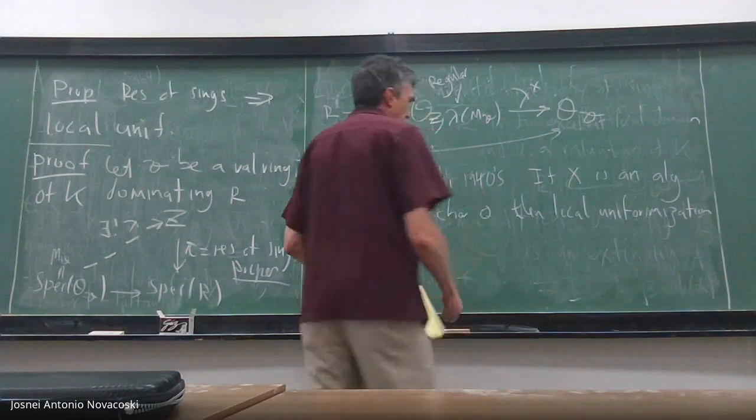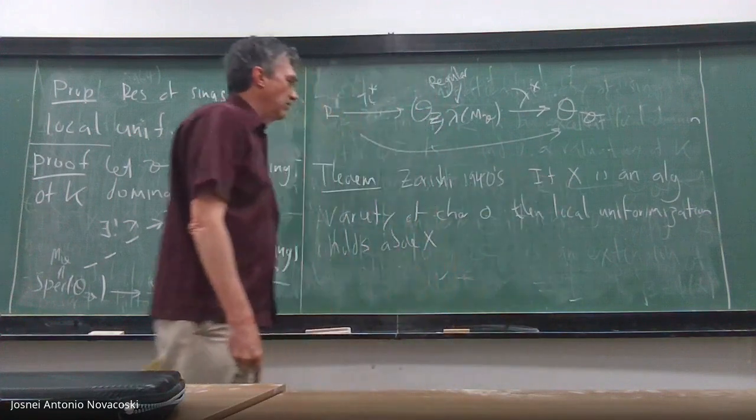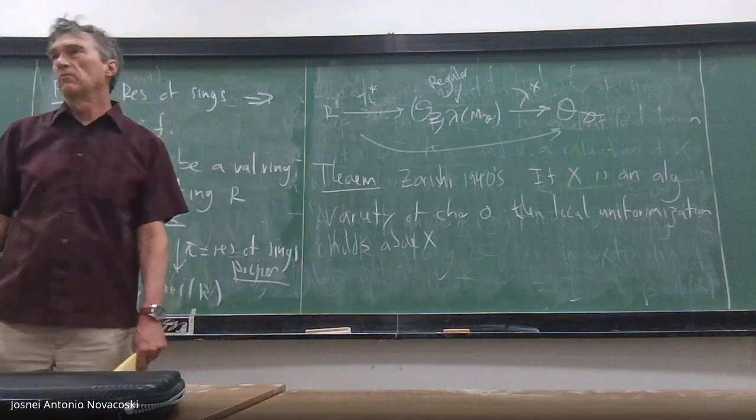In other words, if you take the local ring of a point on X, then local uniformization holds above it.